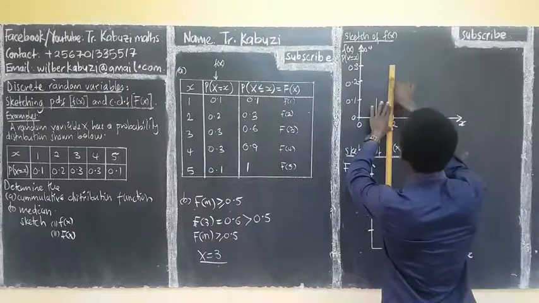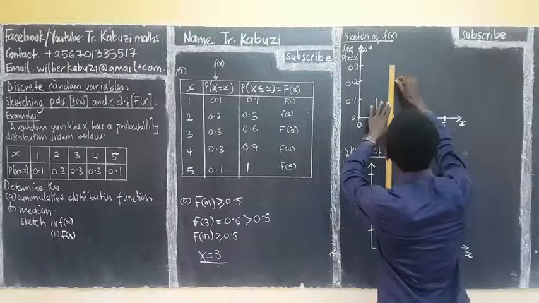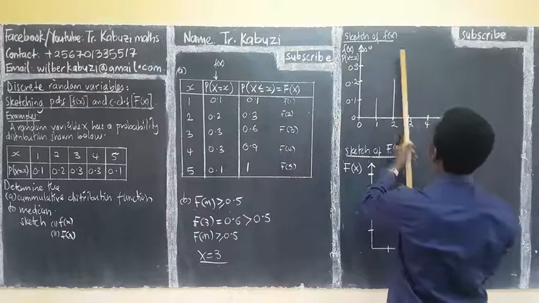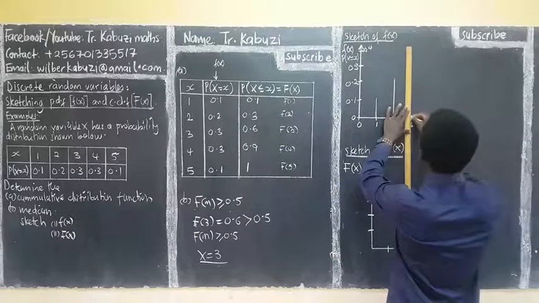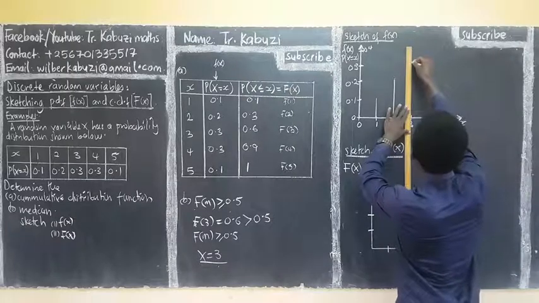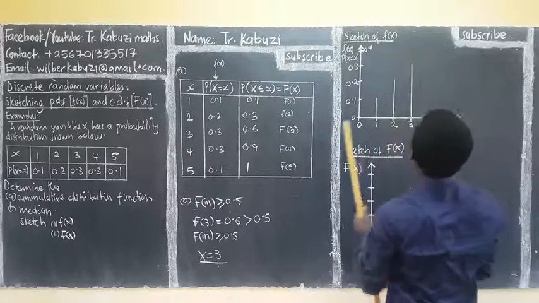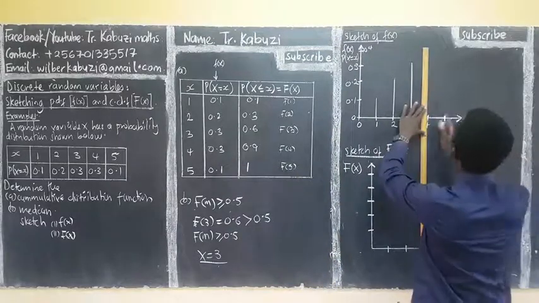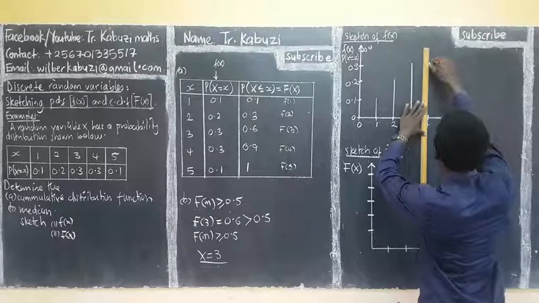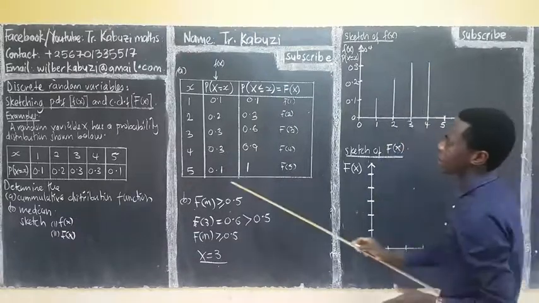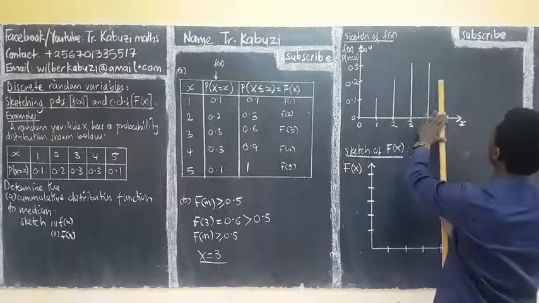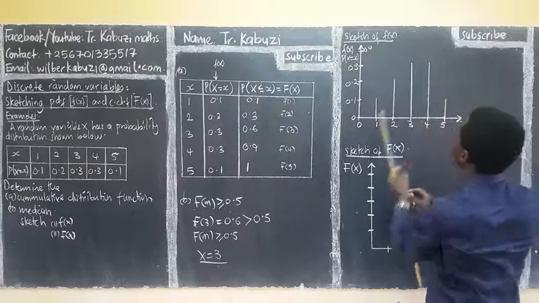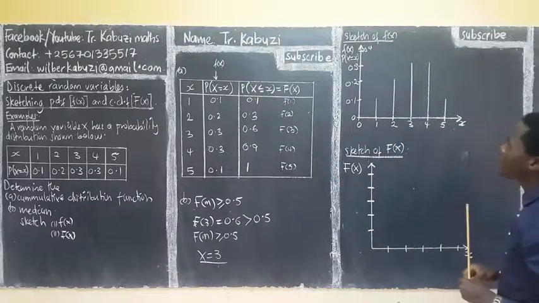When x is 3, I have 0.3. Then when my x is 4, the probability is 0.3. And then when my x is 5, I have 0.1. So my 0.1 is just here. And that's how we sketch that.